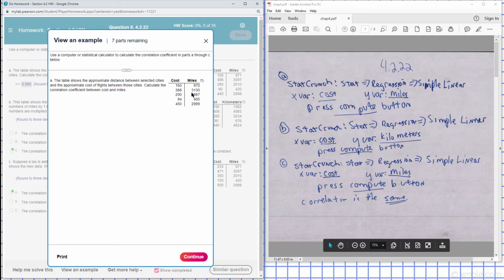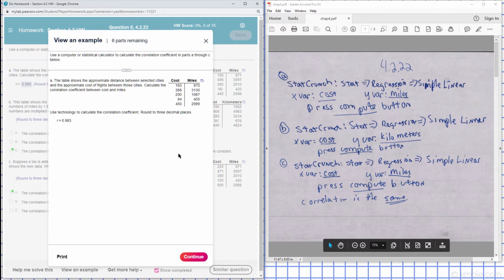So they have this here to give us the cost in miles. So we can open this up in StatCrunch.